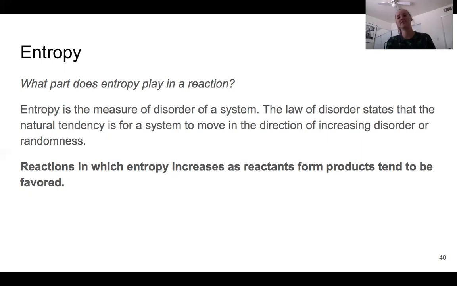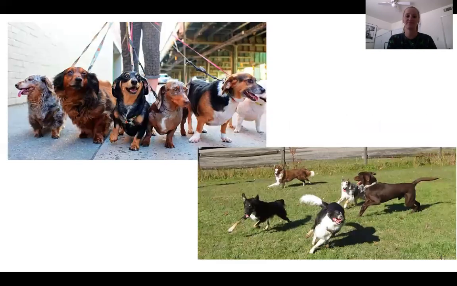So reactions that make something more disorderly are favored, which is kind of weird. When I first learned that, I thought it would be the opposite, but it's not. Things want to be disordered, and that's what entropy is measuring, how disordered something is.